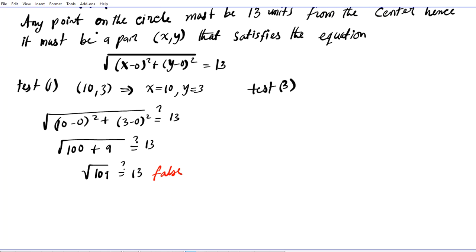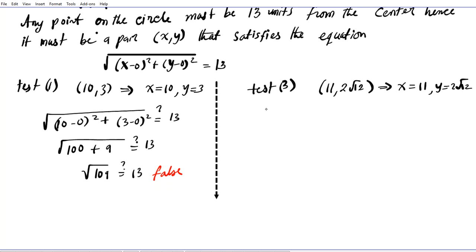So for the third one, we have the ordered pair 11, 2 root 12, which follows that x is 11 and y is 2 root 12. So does it satisfy this equation right here? Let's see. So you have the square root of 11 minus 0 squared plus 2 root 12 minus 0 squared.